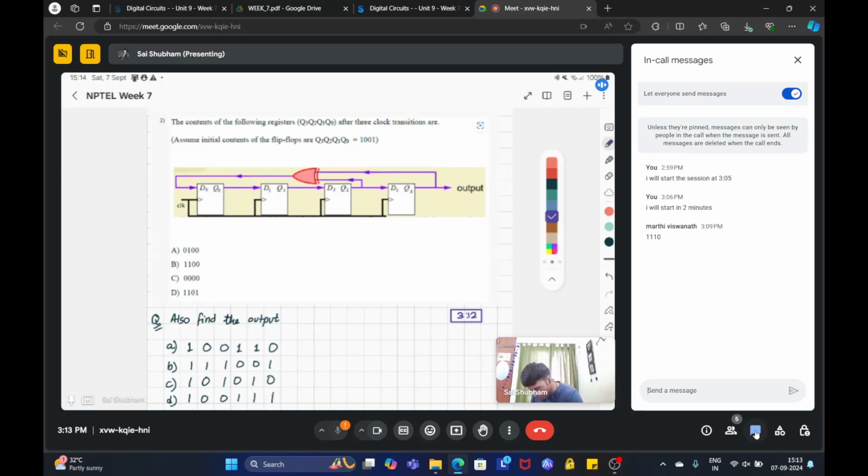I hope the question is clear. The first part of the question is to find out Q0, Q1, Q2, Q3 after 3 clock transitions, and the second is to find the output, which is basically Q3.